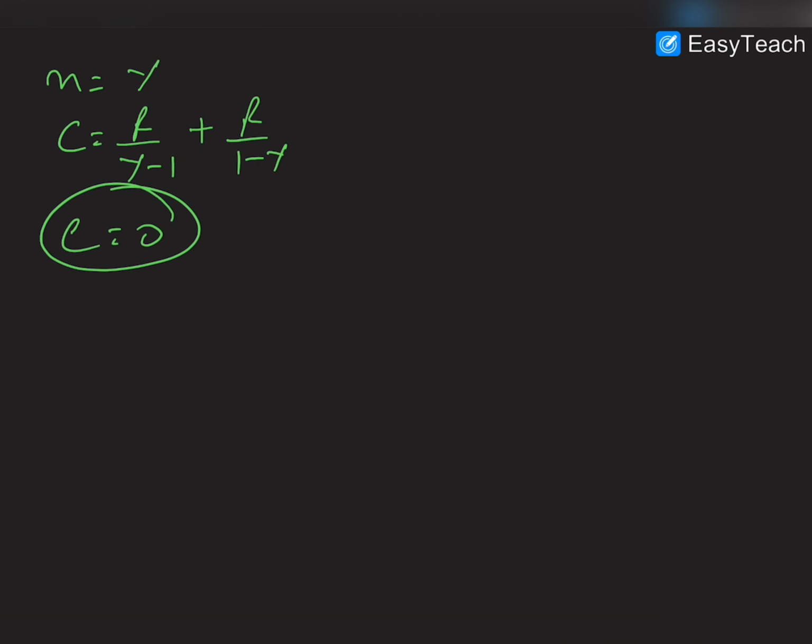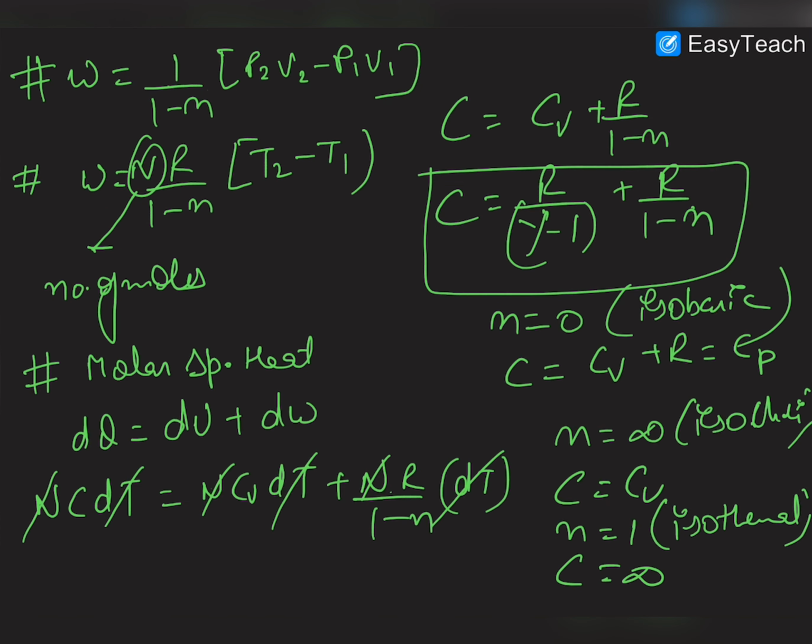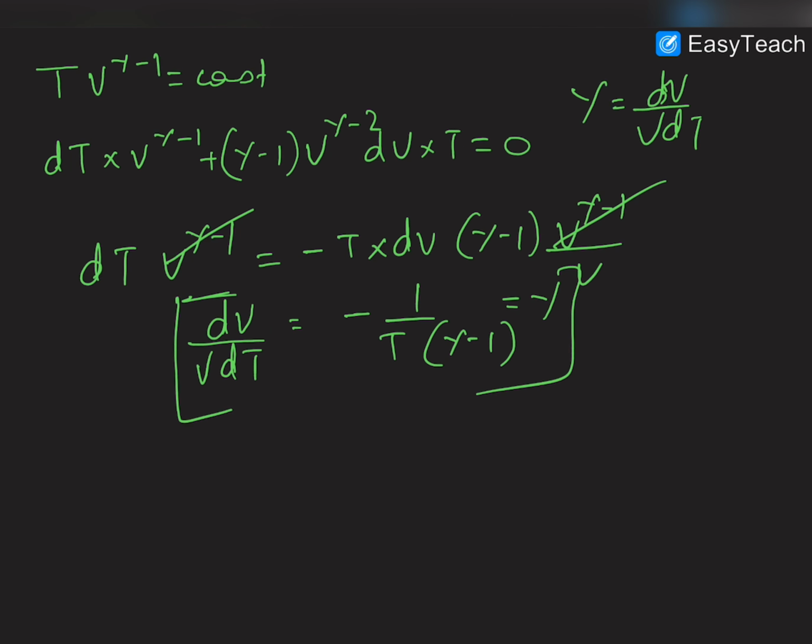Now gamma, the volumetric expansion coefficient, is dV by V dT, and we have already derived the value of gamma for adiabatic process. It was 1 upon T into gamma minus 1 with a negative sign.